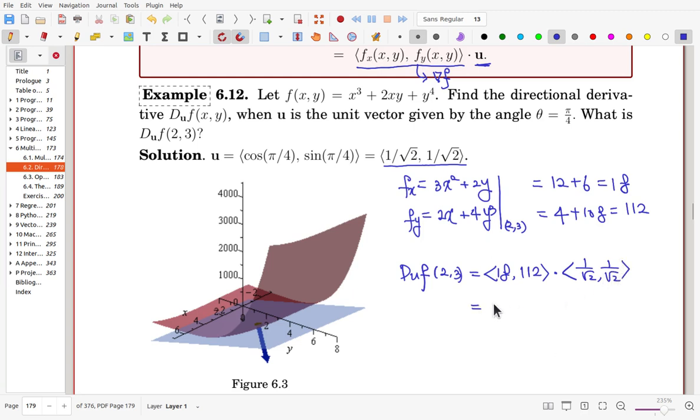That is 1 over square root 2 times the sum, which is 130. Multiplying by square root 2, half of that is 65 square root 2. That's the final answer.